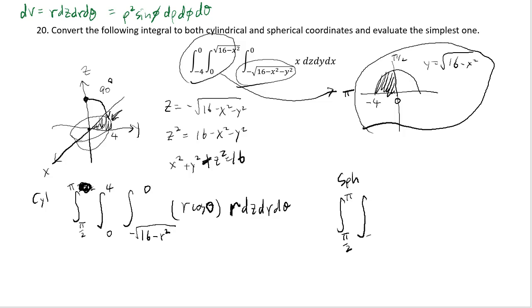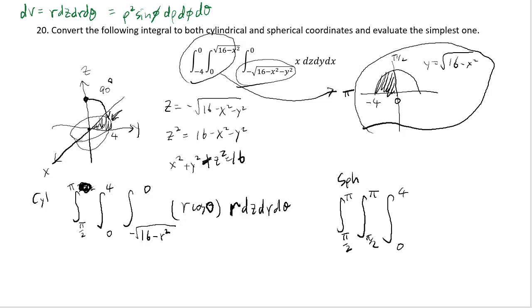So you start from pi over 2, and then you go down to the South Pole, which is pi, and then rho for a sphere of radius 4 is 0 to 4. Okay. All right. So that's how to represent the domain.